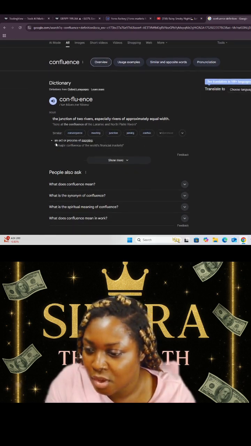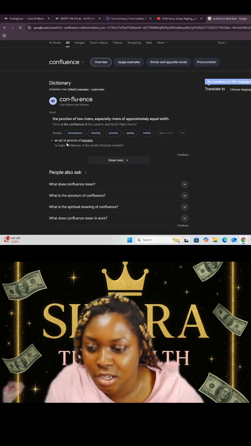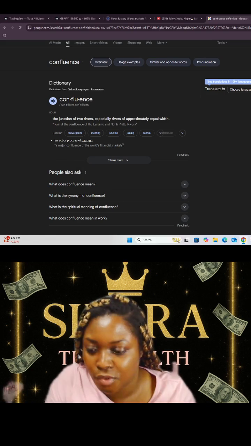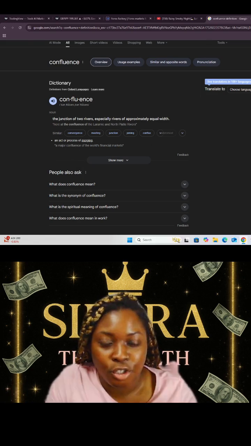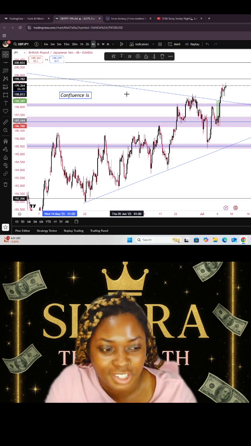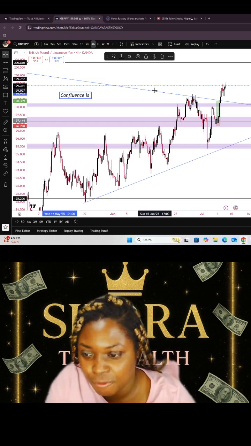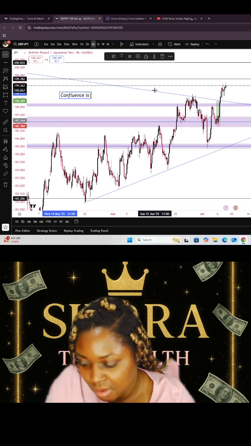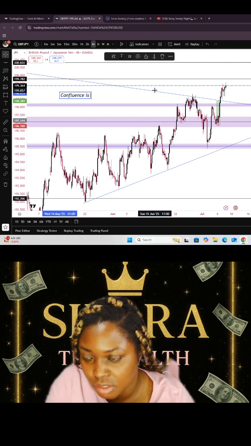That's interesting. An act or process of merging, a major confluence of the world's financial markets. Okay, we're not going to use any one of those definitions.